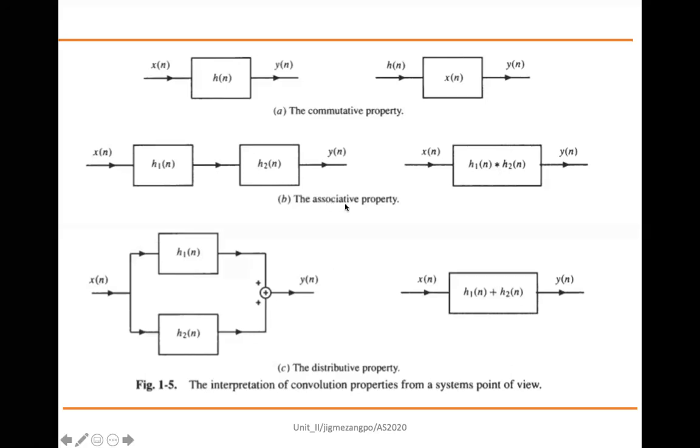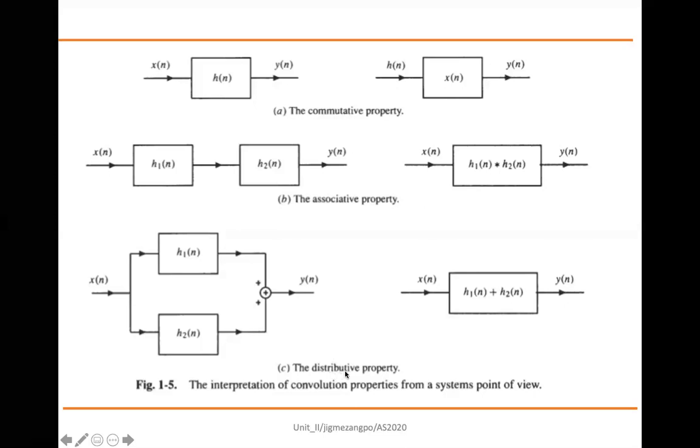Anyway, let's see what the associative property is. You will have two impulse responses, h1 of n and h2 of n. These two impulse responses can be combined together, and this first system and this system are equal. So this is what is known as the associative property.